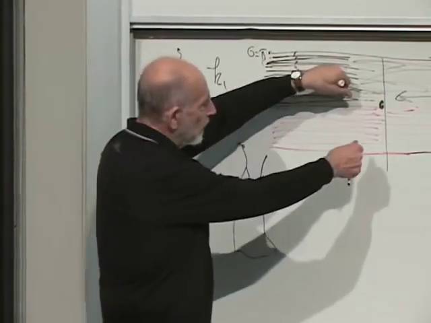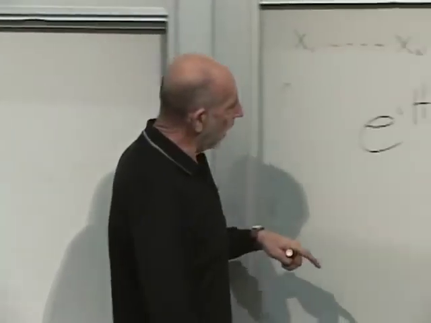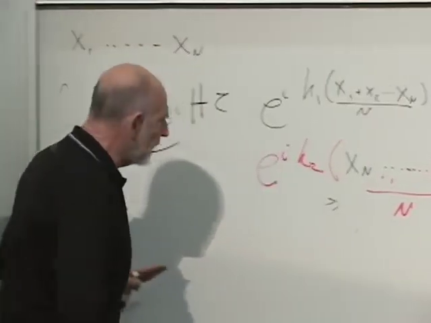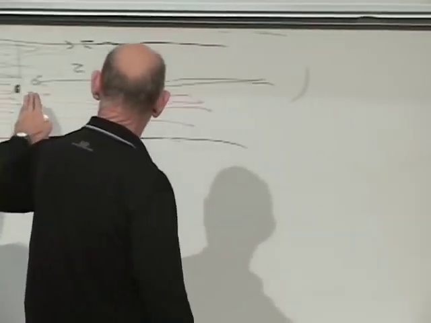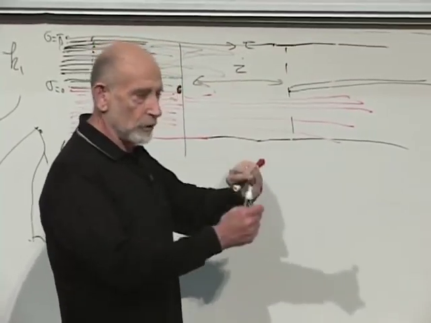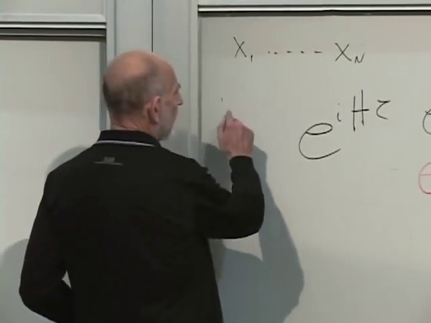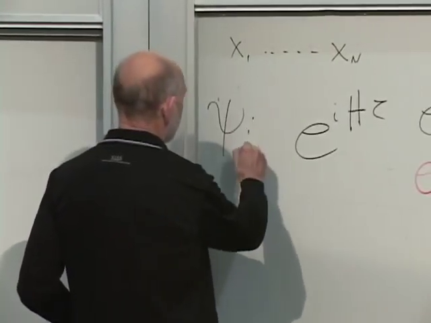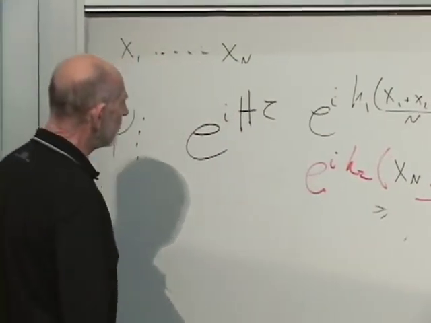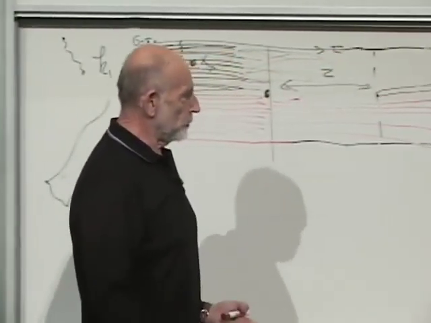You insist that the two endpoints are at the same place. That constrains the wave function. You let it evolve as a single string for a while, and then you let it break up again. That simply means multiplying it again by some final state. I'm not going to write it all out. It's the same kind of thing. And that gives you the transition amplitude.